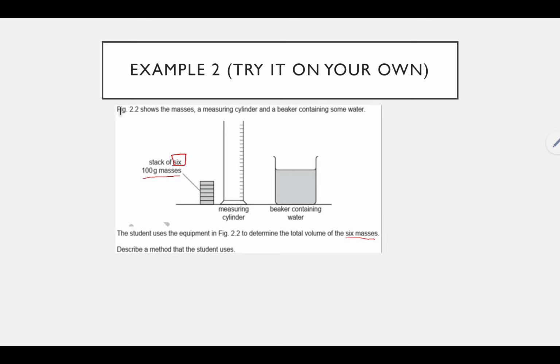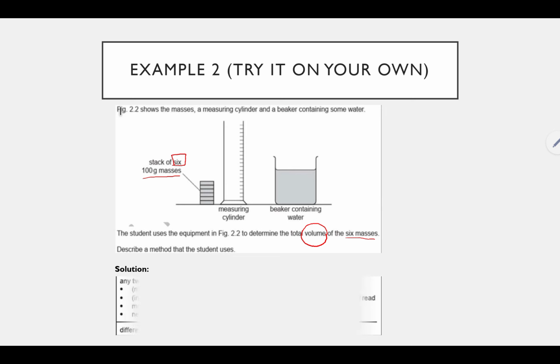Describe a method that the student uses. So what do you think we should do to get the volume of the 6 masses all together? I'll add the water into the measuring cylinder, take the start measurement, add my 6 masses, and then I'll get the final measurement and subtract.